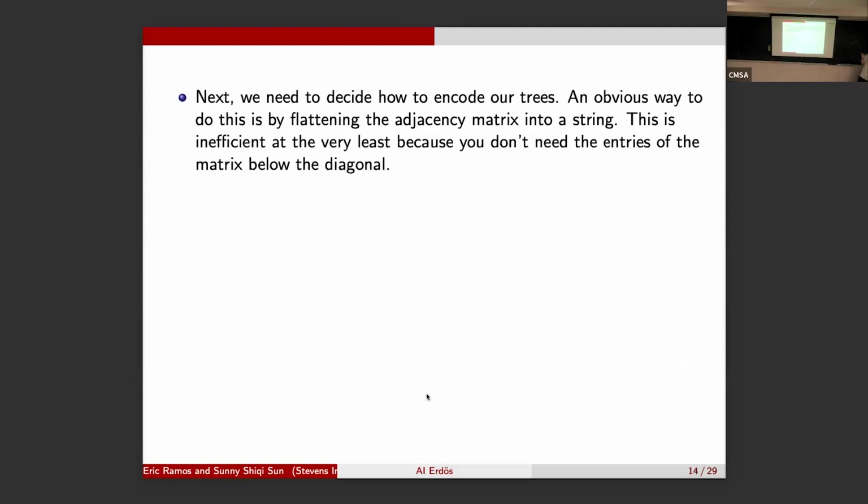Okay, so next we need to decide how to encode our trees. An obvious way to do this is by flattening the adjacency matrix into a string. This is terrible because at the very least, you're ignoring a lot of symmetry. For instance, you don't need the entries of that matrix below the diagonal.